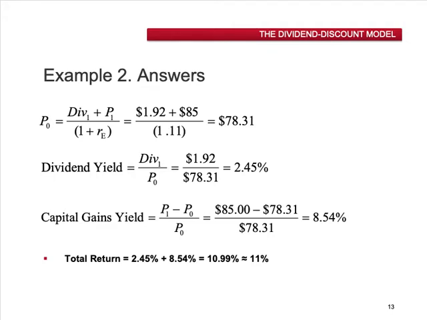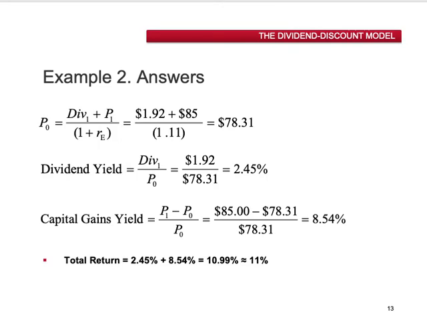So first we're going to calculate the price at T0, which is the first dividend payment and the expected share price. We're going to divide that by the cost of equity. That will give us a share price at T0 of $78.31. Then with this stock price at T0, we can actually calculate the dividend yield, which is the first dividend payment divided by the stock price at T0.